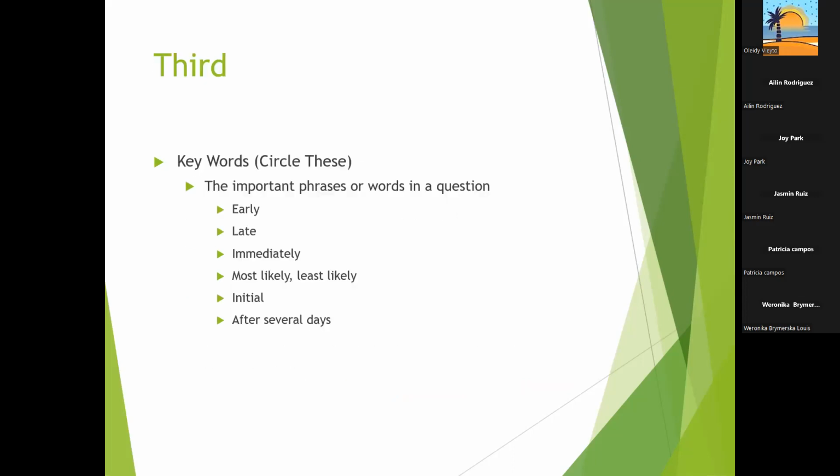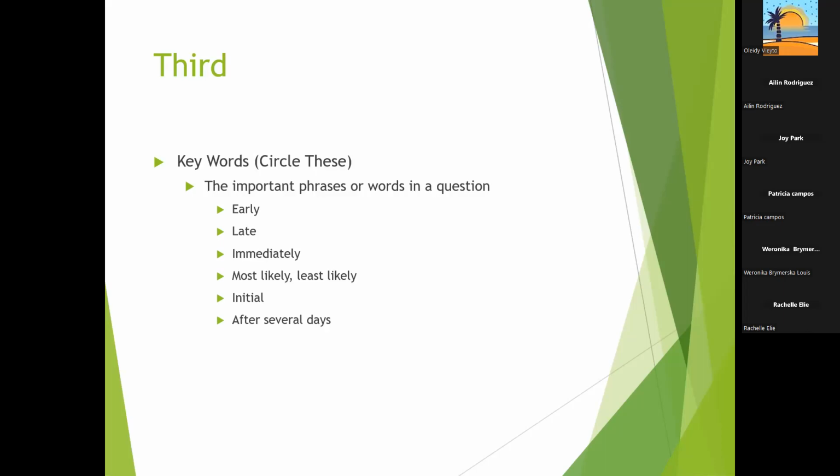Okay. Now, the other thing you want to pay attention to, especially for your boards, especially for questions, you want to make sure that you pay attention to key words, underline them, circle them. They need to start popping out at you. Okay. So the important phrases or words in a question, right? Early, okay?